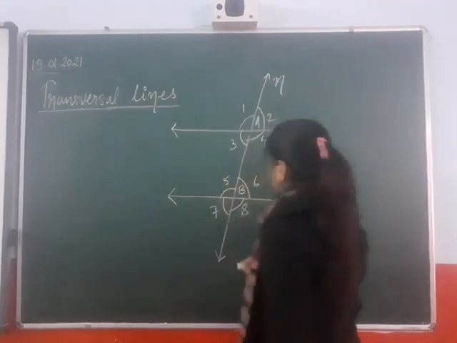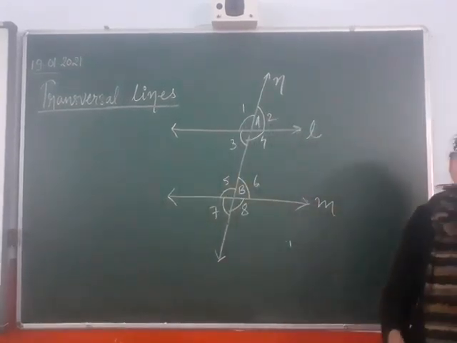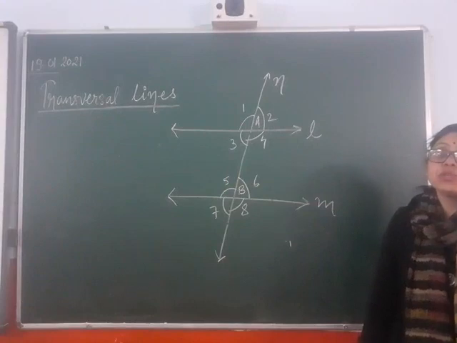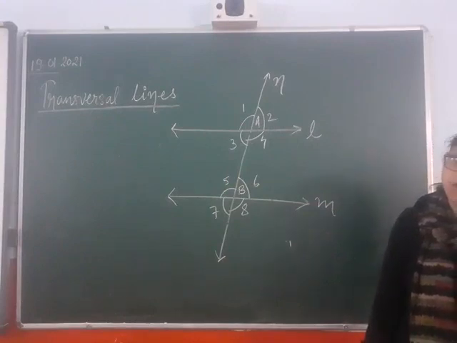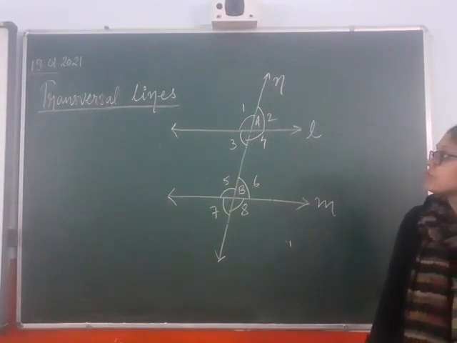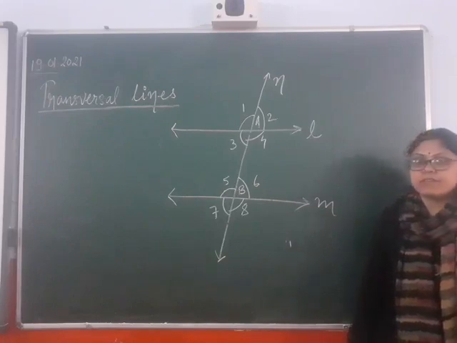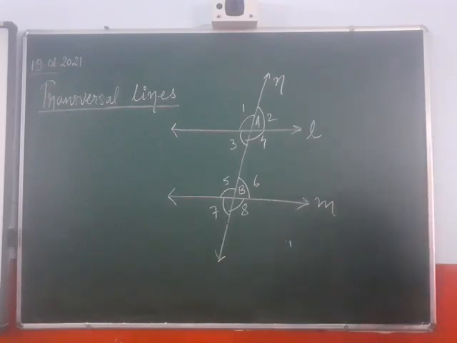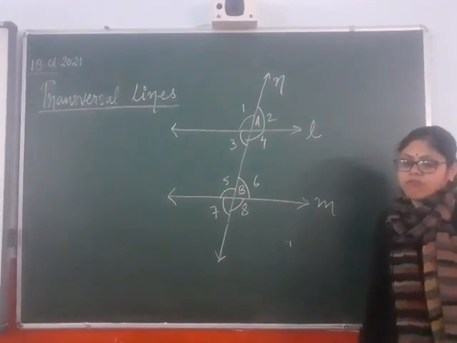So in total, when two lines are cut by any transversal, 8 angles are formed. Is it clear? One at point A, 4 angles, and then at point B you can see 4 angles. Total 8 angles are formed.